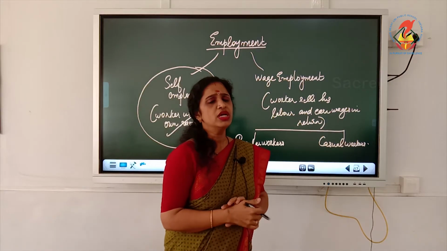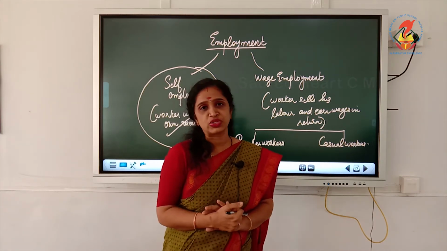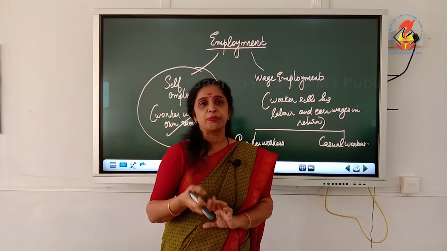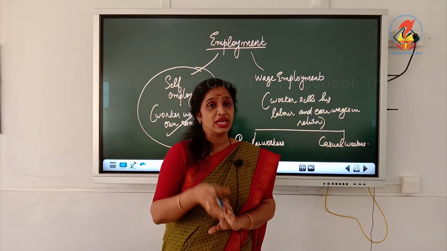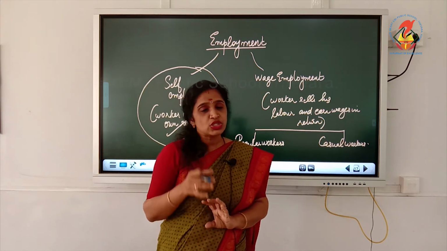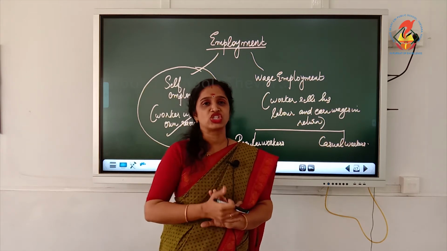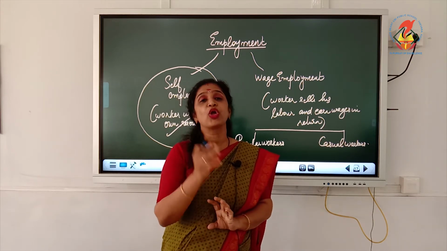For example, a shopkeeper who is running his shop, he is using his own resources, his own land. He is the person who is running it. So he is using his own human resource. He is not hiring any laborers from outside. His own land, he is running the shop. It is a self-employment. He is a self-employed person.